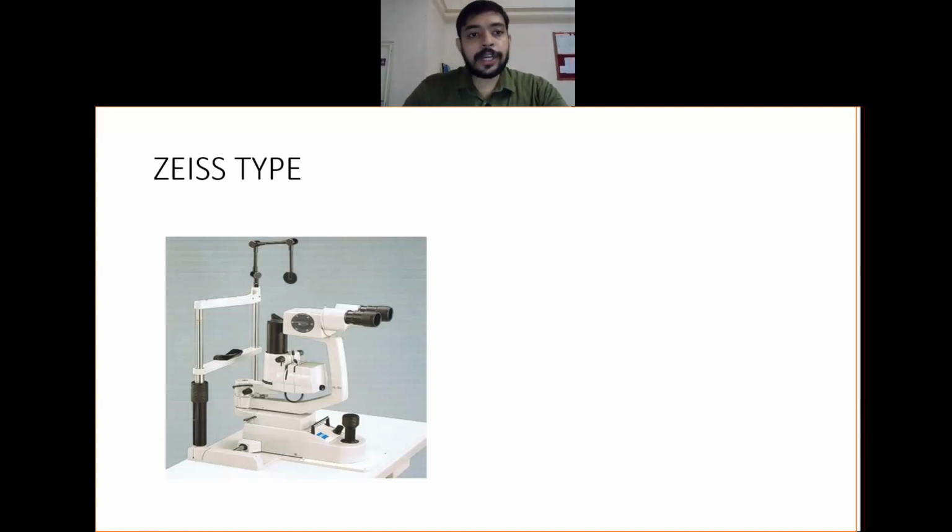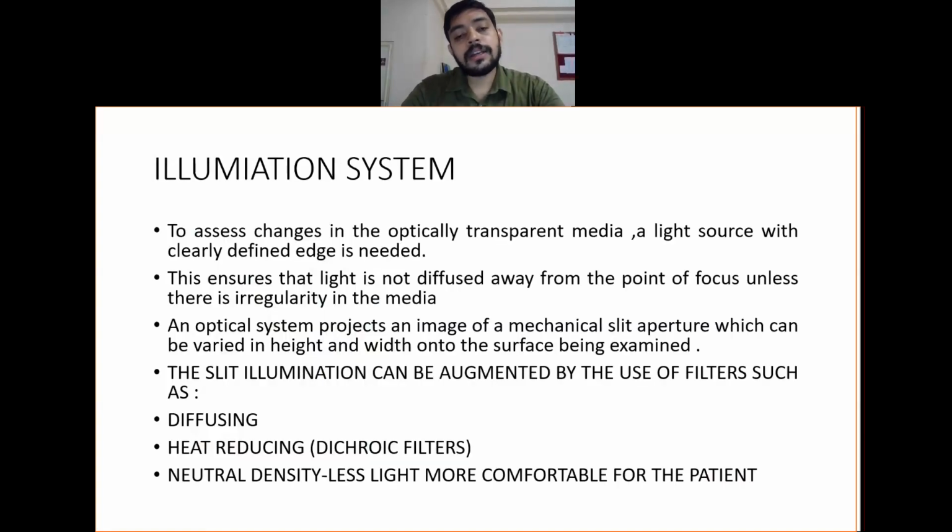The other difference is that the Haag-Streit model can be offset, or we can break the coaxial system, and in the Zeiss model we won't be able to break the coaxial system, or offset it.